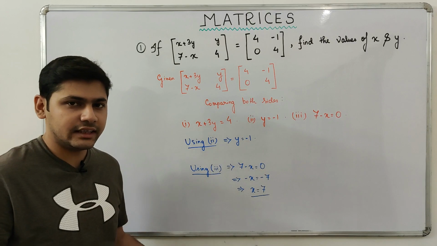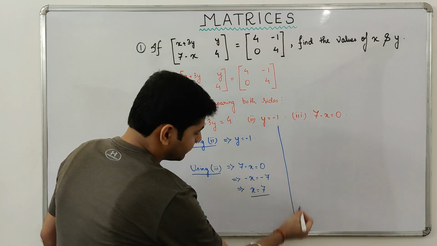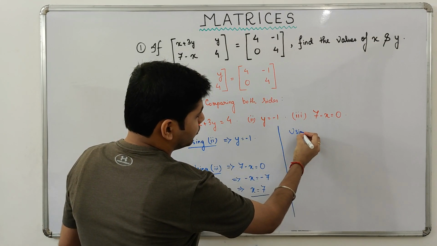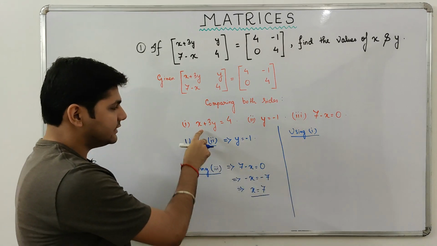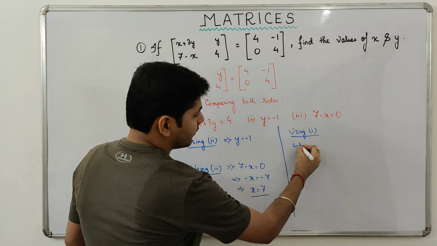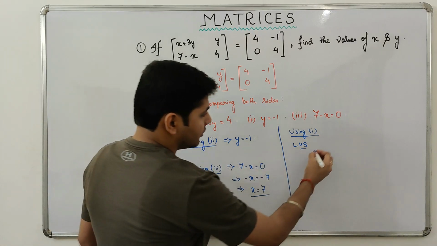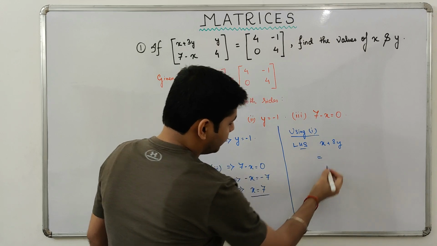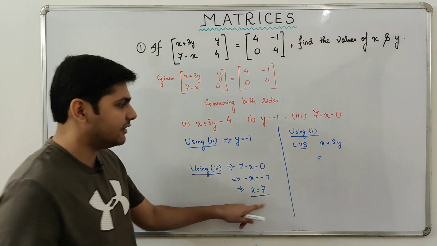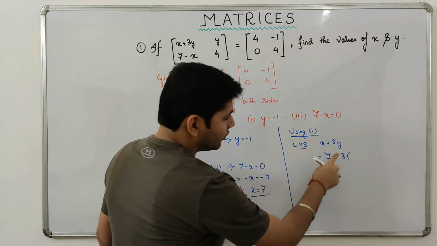Now we can cross check this with equation 1. So let's do that. Using 1, let's check the LHS. In the left hand side we have x plus 3y. So x plus 3y is equal to, the value of x is 7 plus 3 into y.